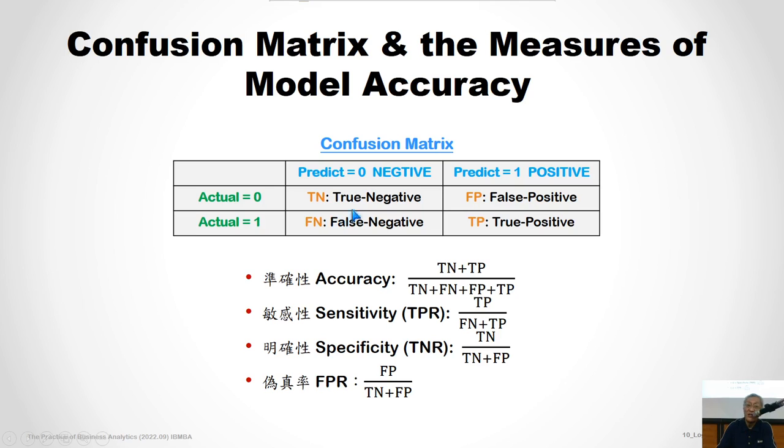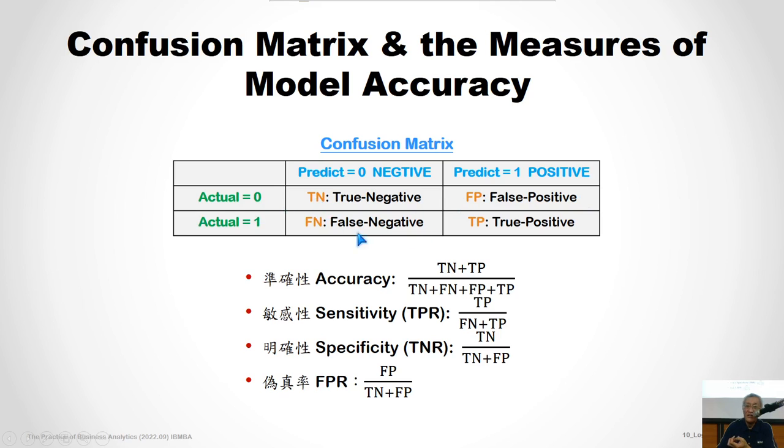This is called true negative, because we predict negative and it is actually negative. And this is false negative, because we predict negative but they are actually 1. Likewise, this is true positive, because we predict positive and it's actually 1. And this is false positive.